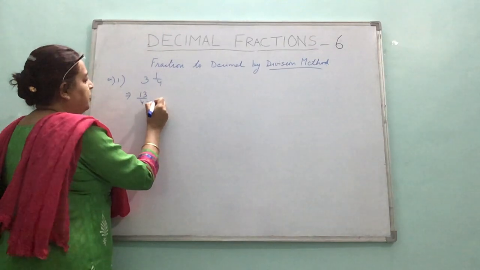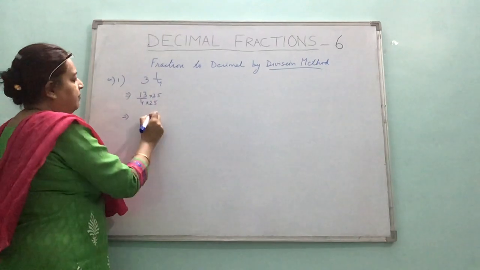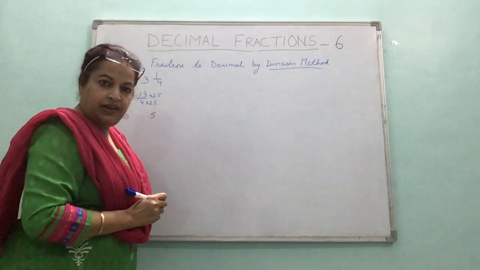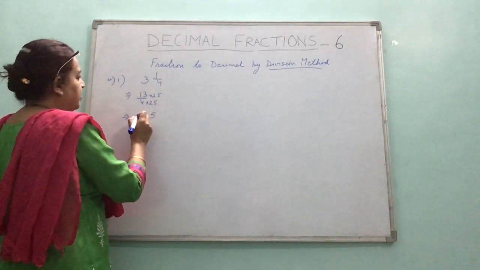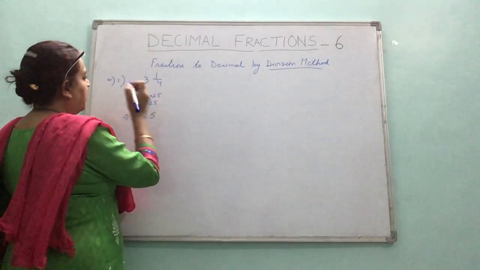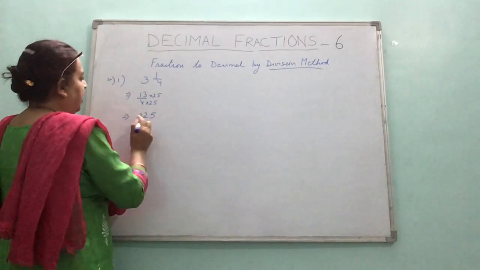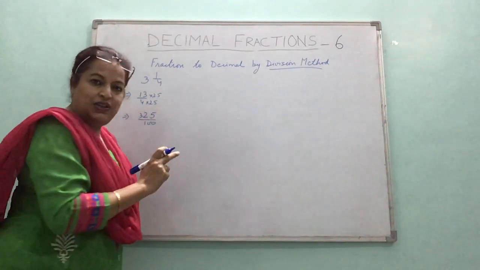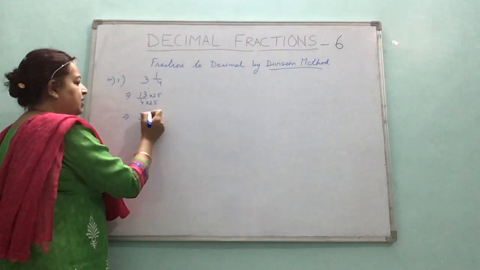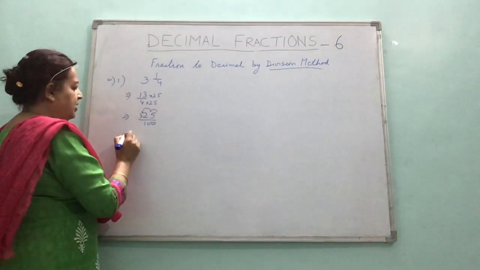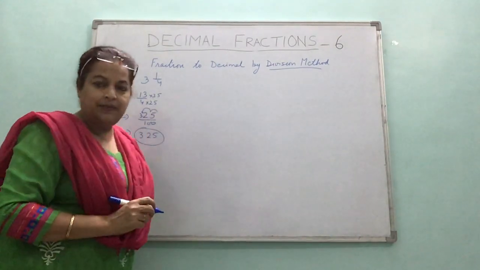So I have to multiply both numerator and denominator by 25. 25 3 times is 75, 25 1 times is 25, plus 7 is 32, 325 by 100. Now since there are 2 zeros in the denominator, we shift from right to left 2 places. So my answer would be what? 3.25. This we have already done, right?